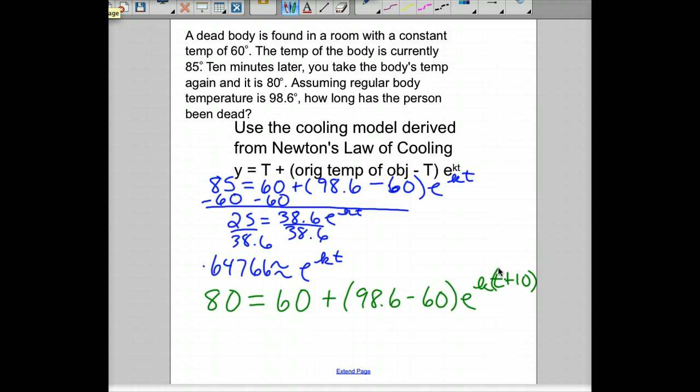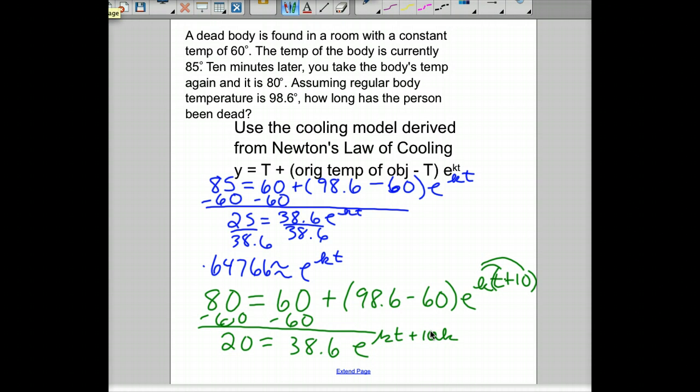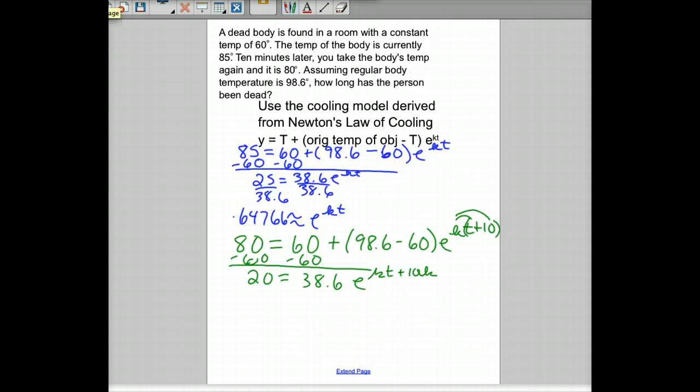So if we subtract 60 here, we get 20 equals 38.6 times e to the, let's distribute that k in there, kt plus 10k.